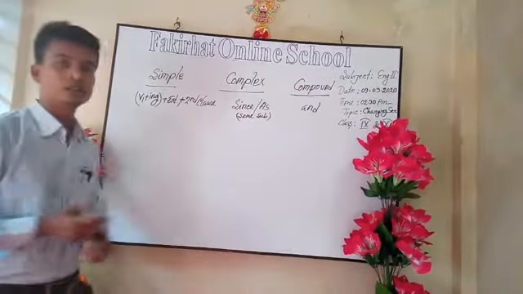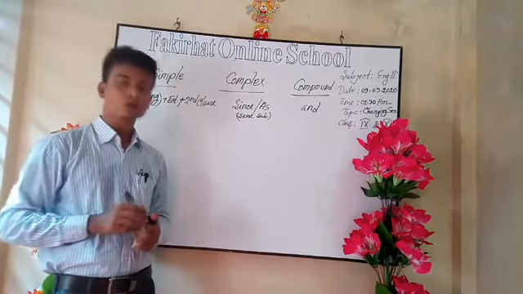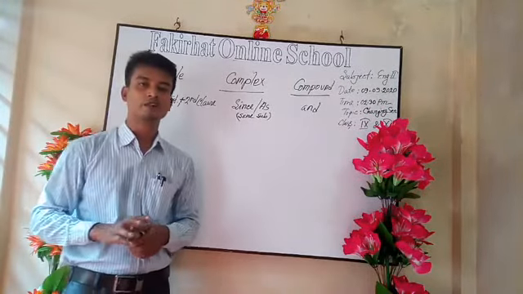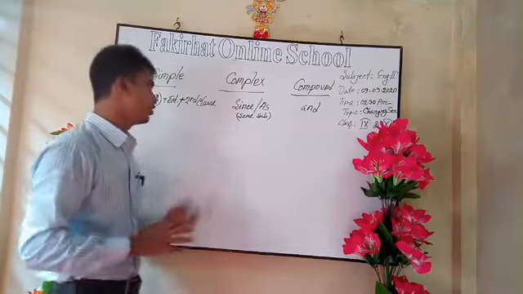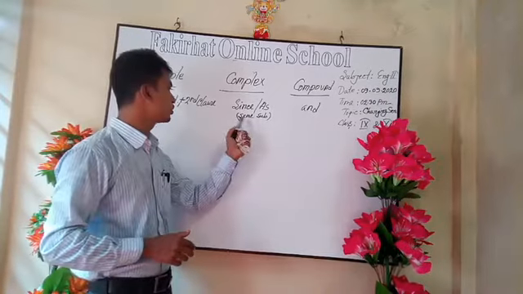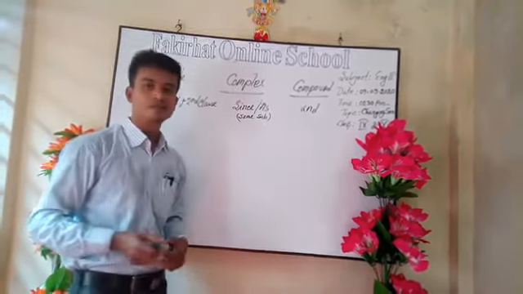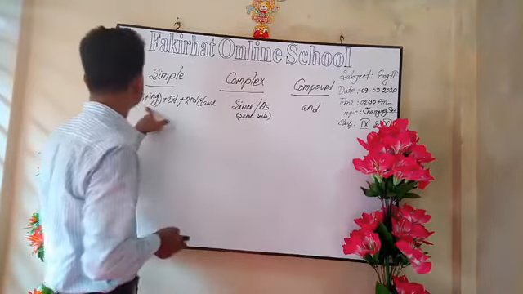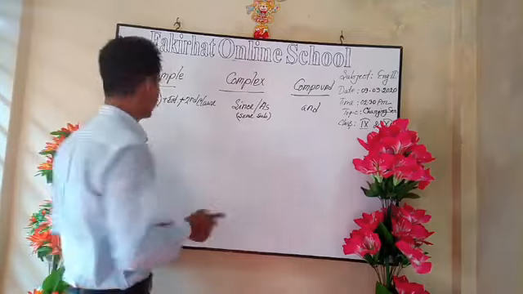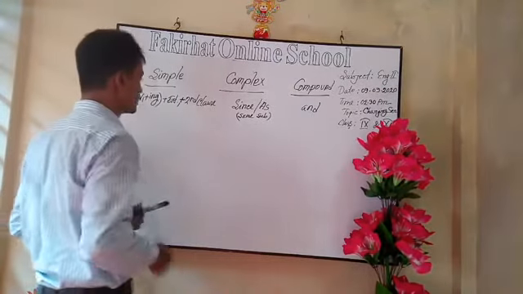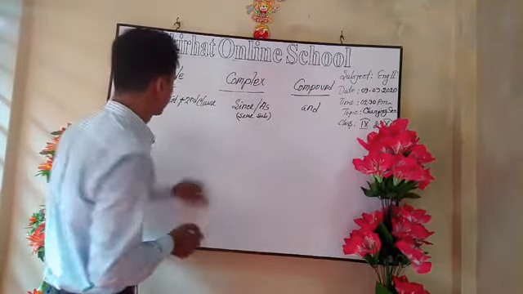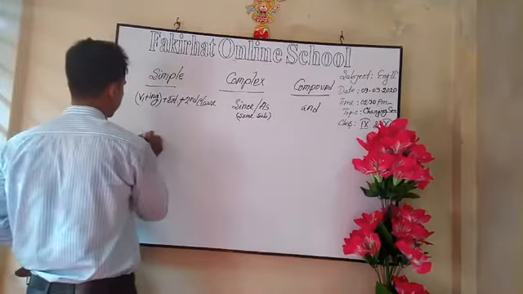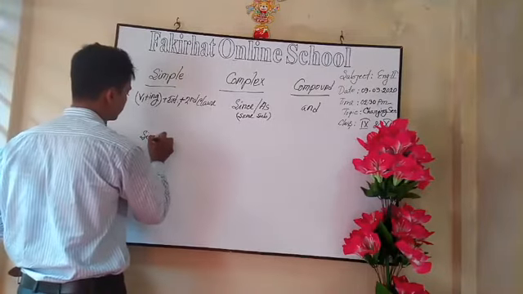Complex sentence, dear students, you know a complex sentence has at least two clauses, and both clauses have the same subjects. Then we can use this rule. Okay, for example, first one, simple sentence.